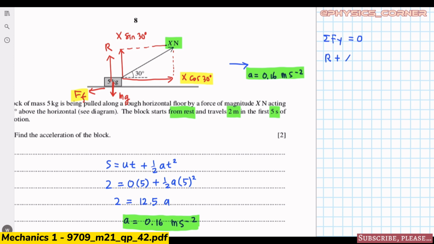So R means mg minus x sine 30. M is 5, g is 10, and x sine 30 is a half x. So this is the same as 50 minus a half x. We will use this R to find x.